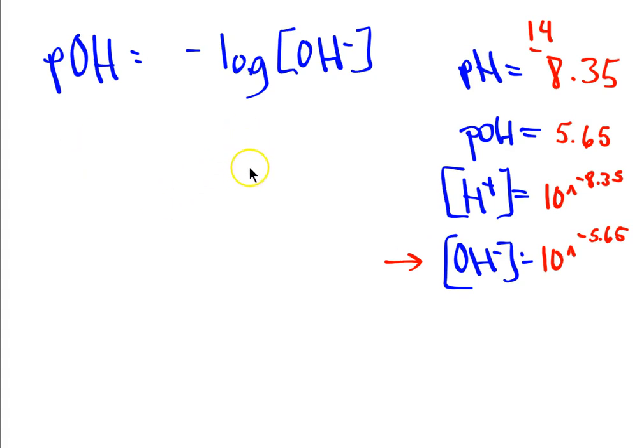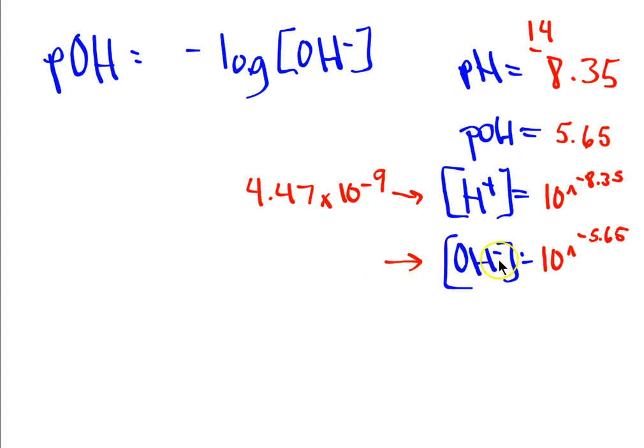Someone give me this answer right here. 3.47? 4.47. All right, so that's that. Oh, times 10 to the something. Sorry. 4.47 times 10 to the negative 9.